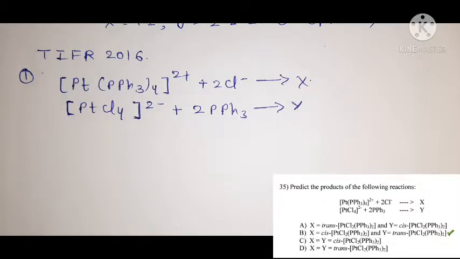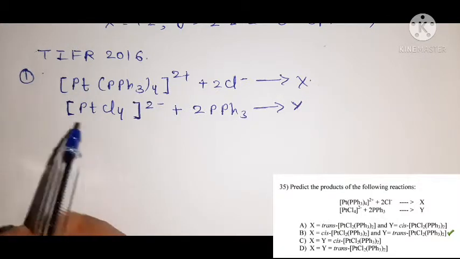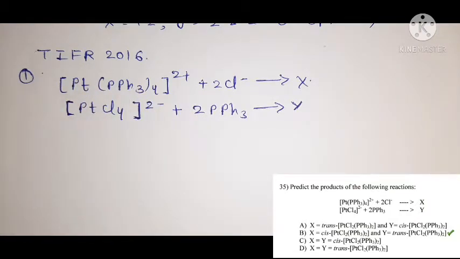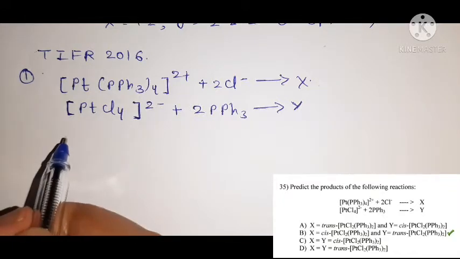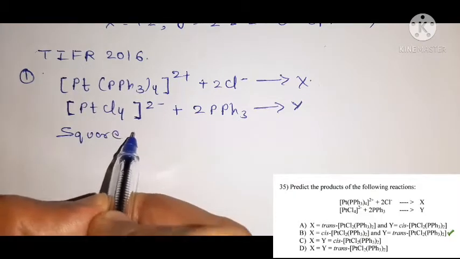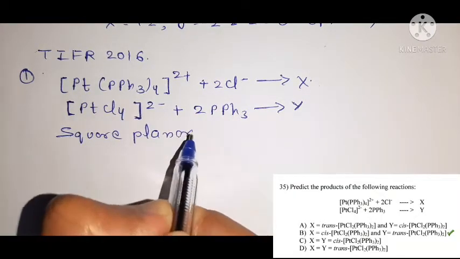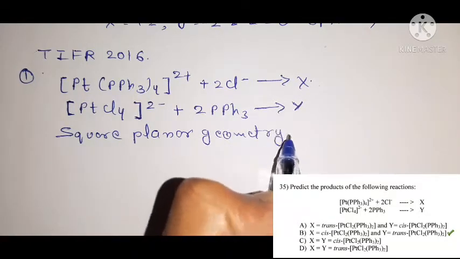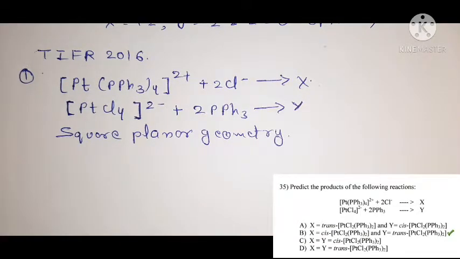See, when you observe the geometry of these two complexes, their geometry is square planar for both complexes. That means this complex is present in square planar form, and this complex is also present in square planar form.